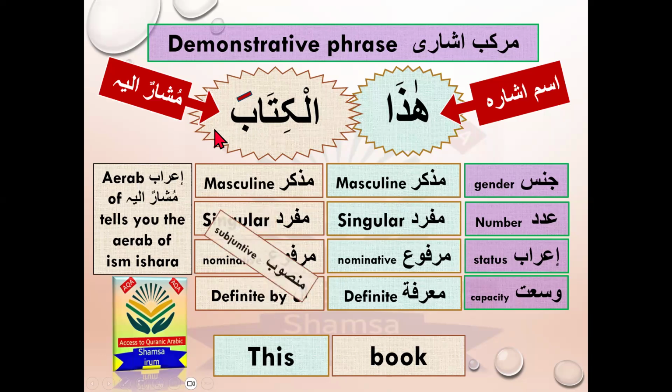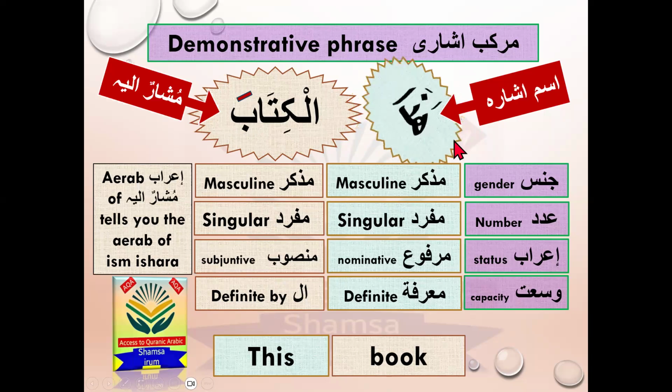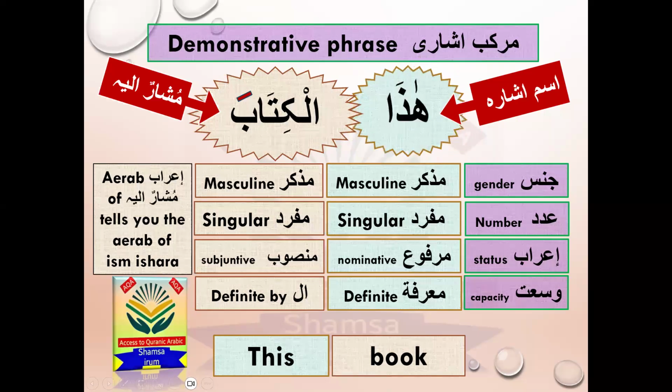If it is mansub, then what should the i'rab be for the ism ishara? What do you think? If musharun ilay is mansub, then ism ishara should be mansub as well. That's how easily we can check the i'rab of the mabni ism ishara, the demonstrative pronouns.